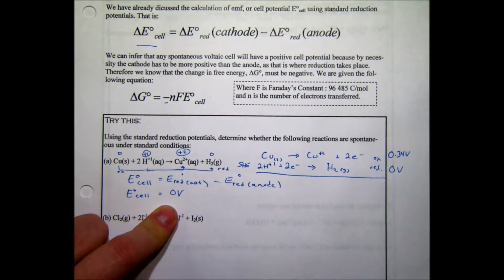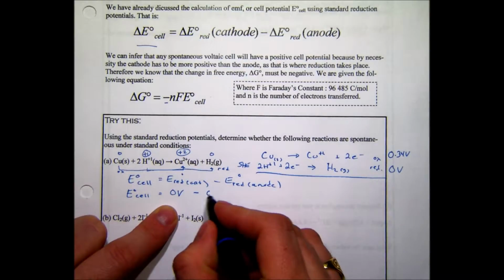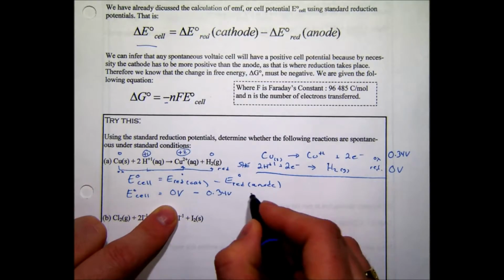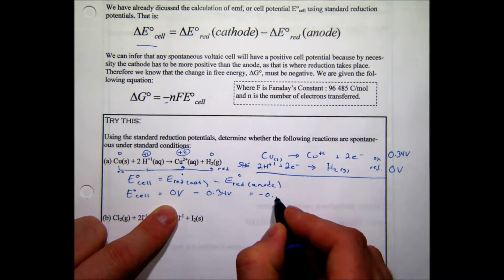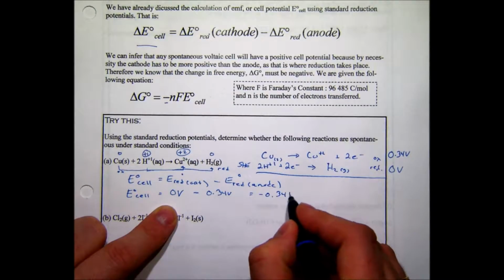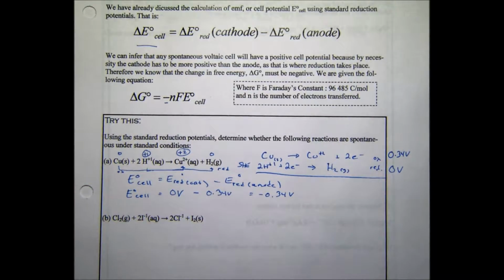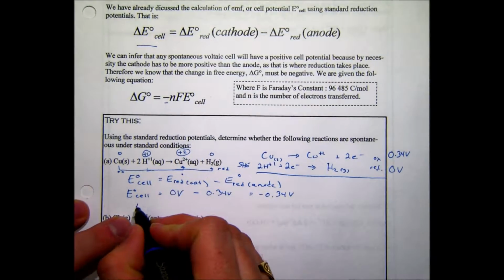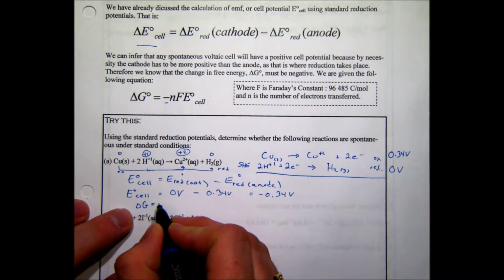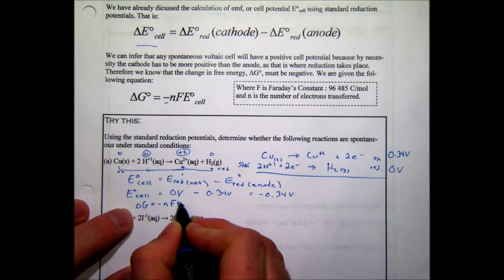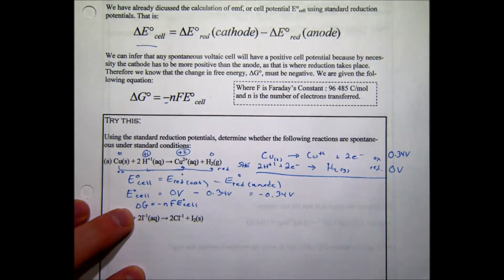So as we continue, Ecell is negative 0.34 volts. I know right away this is going to be non-spontaneous, but delta G is equal to negative nFE standard cell.